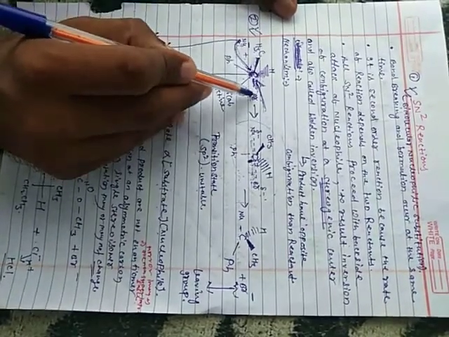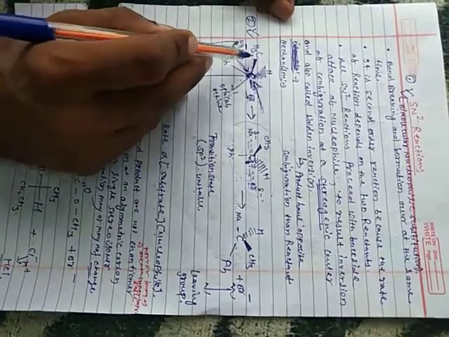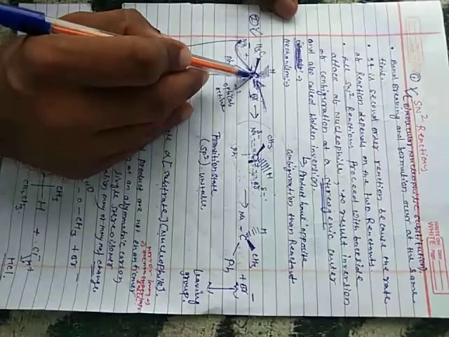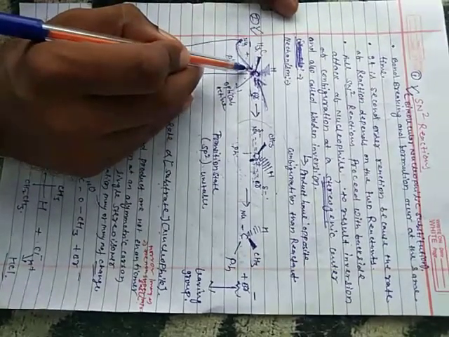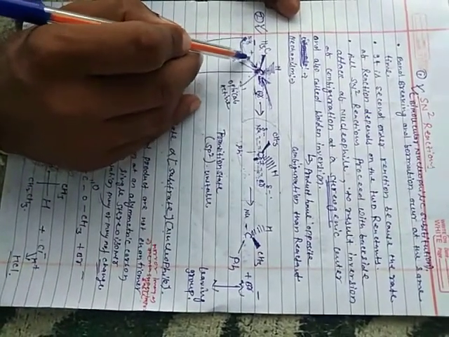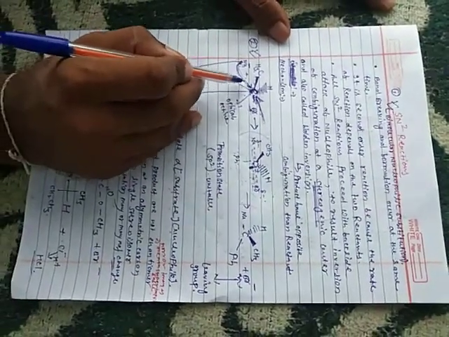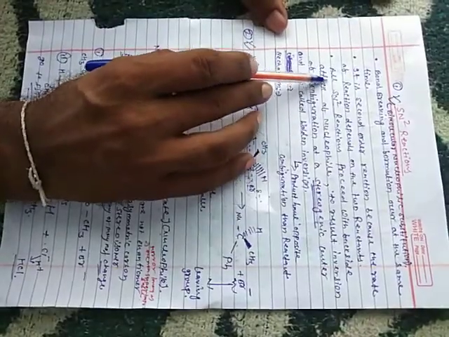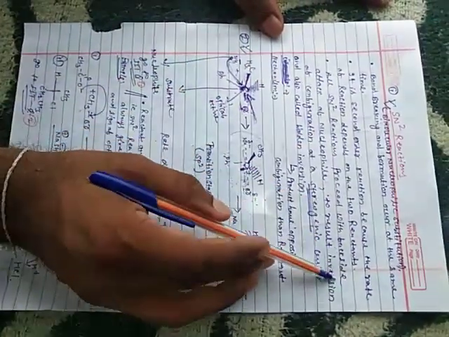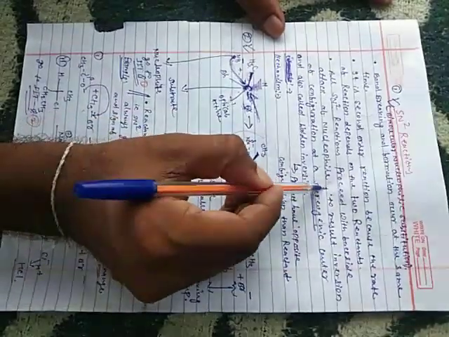So there will be repulsion between the bromine and the nucleophile. So there is less chance for the nucleophile to attack from the front and a greater chance from the back side. That's why SN2 mechanisms are possible by attack of the nucleophile from the back side. Therefore I have written the point here: all SN2 reactions proceed with backside attack of the nucleophile. Clear? Okay.